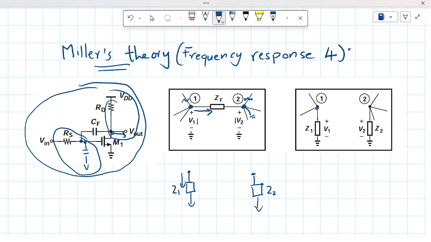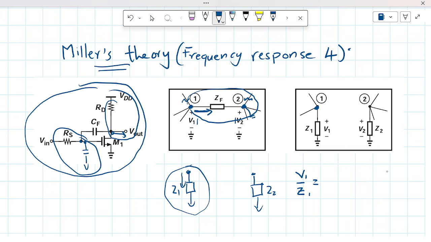In this case, if we split the node into this form, then the current through this node would be equal to V1 over Z1. And that should also be the same as the current that was flowing through the node originally.